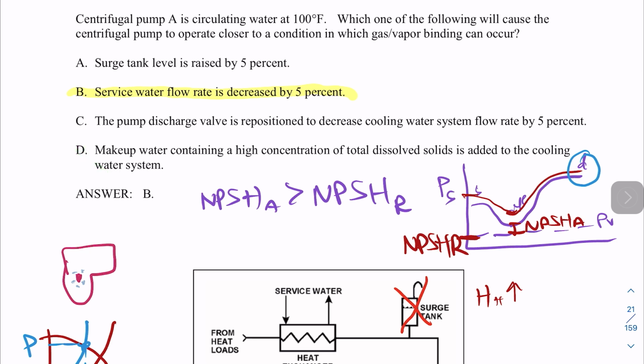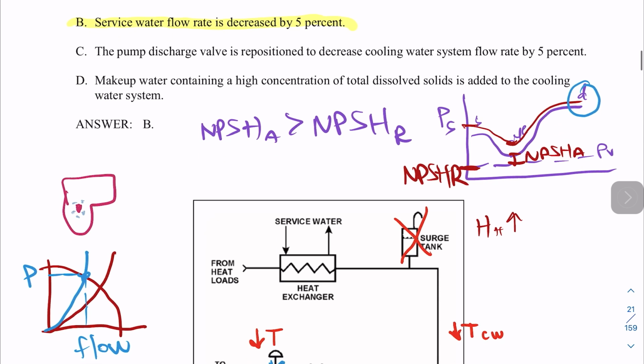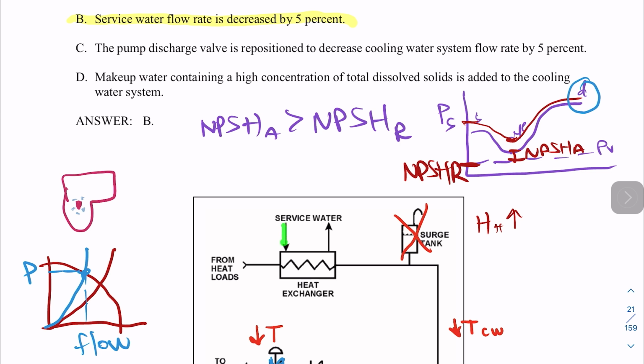Now let's take a look at B. Service water flow rate is decreased by 5%. So this flow rate here is decreased, right? If we lower the flow rate from the service water, that's going to give us a warmer cooling water, because we have less heat exchange here. The heat exchange is going to get lower, so this one is going to get warmer.